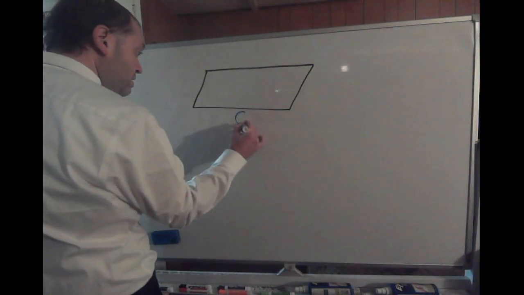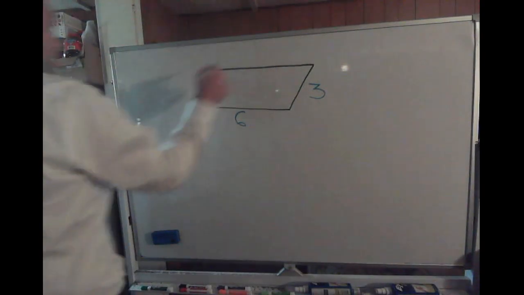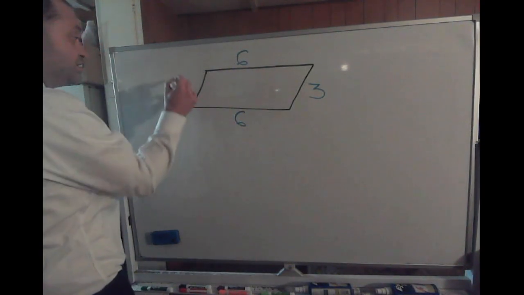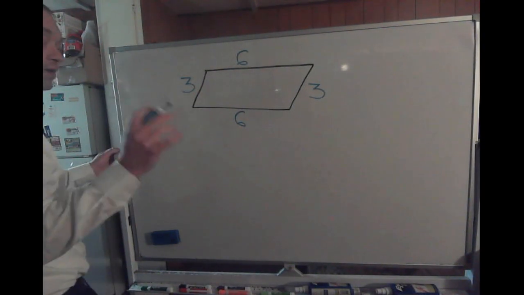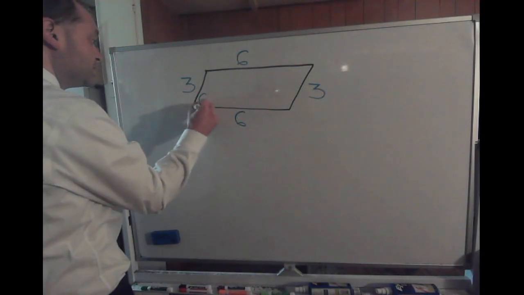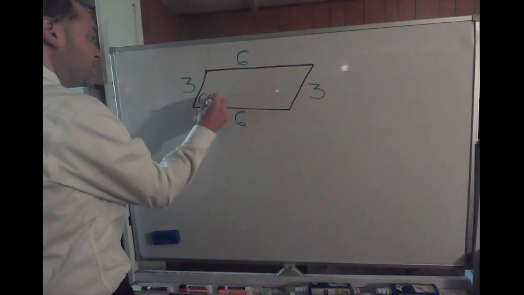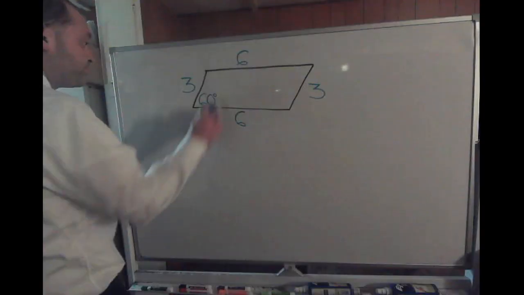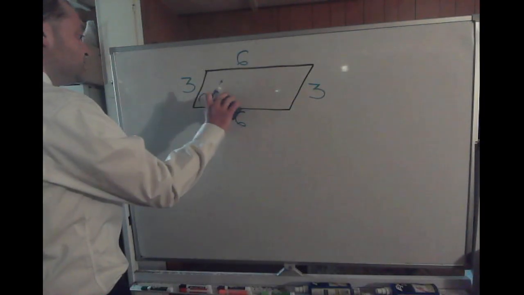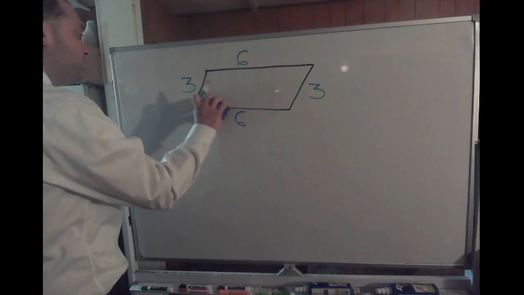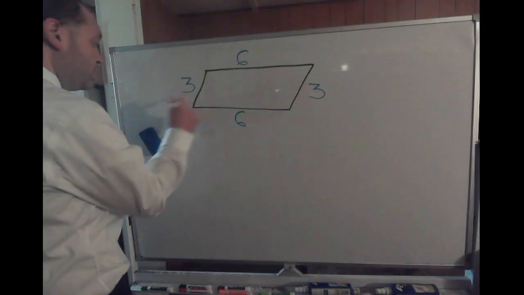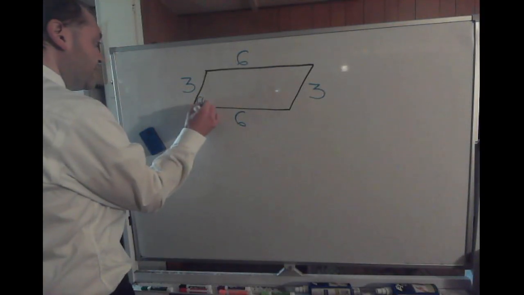So let's see what we got here. I guess we might as well label the opposite sides too, because opposite sides of a parallelogram are congruent. Actually, let's do this here. This is a 60-degree angle.